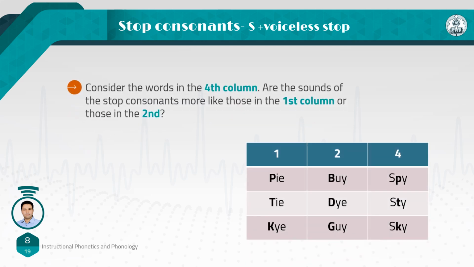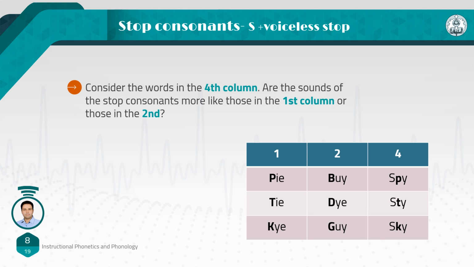Now, look at this table. Consider the words in the fourth column. Are the sounds of the stop consonants more like those in the first column or those in the second column? Try to read it once for yourself. First column: pie, tie, kai.